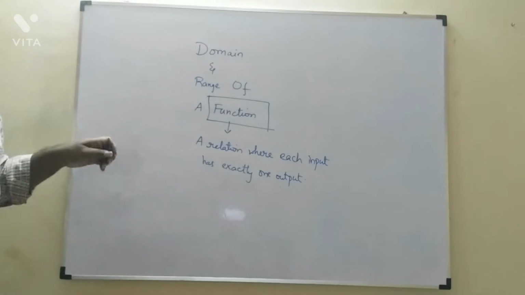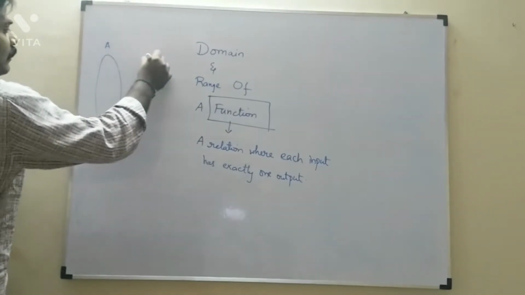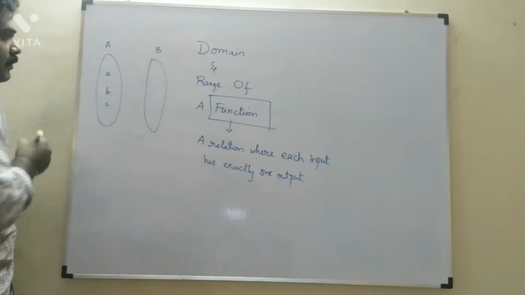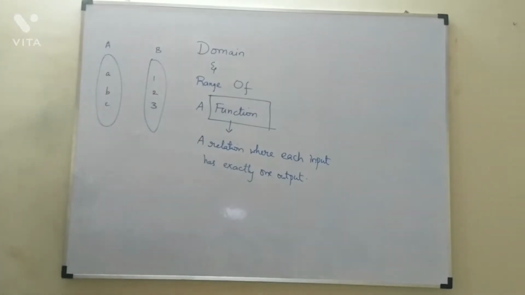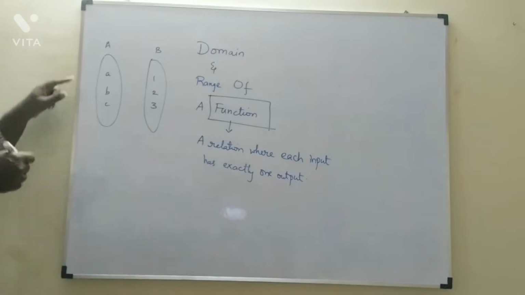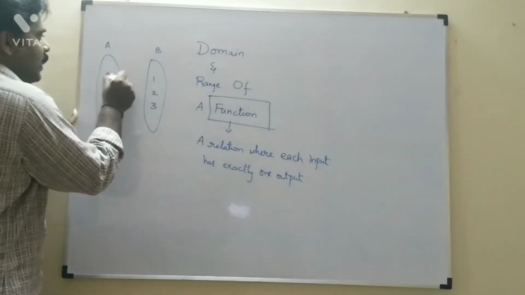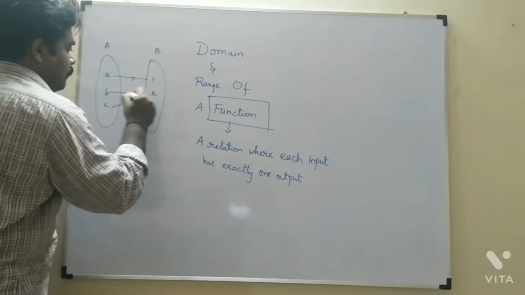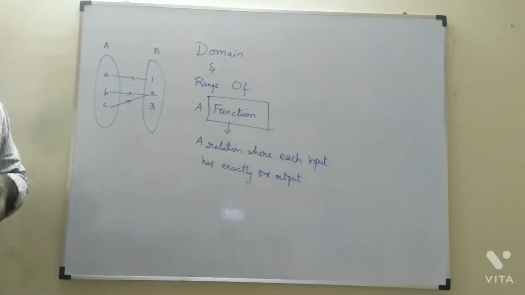For example, let us say there are two sets, set A and set B. Let us say A, B, C are the elements of set A and 1, 2, 3 are the elements of set B. Now, if each element of A has exactly one image in B, you can call that a function. So this is the basic understanding of a function, right?